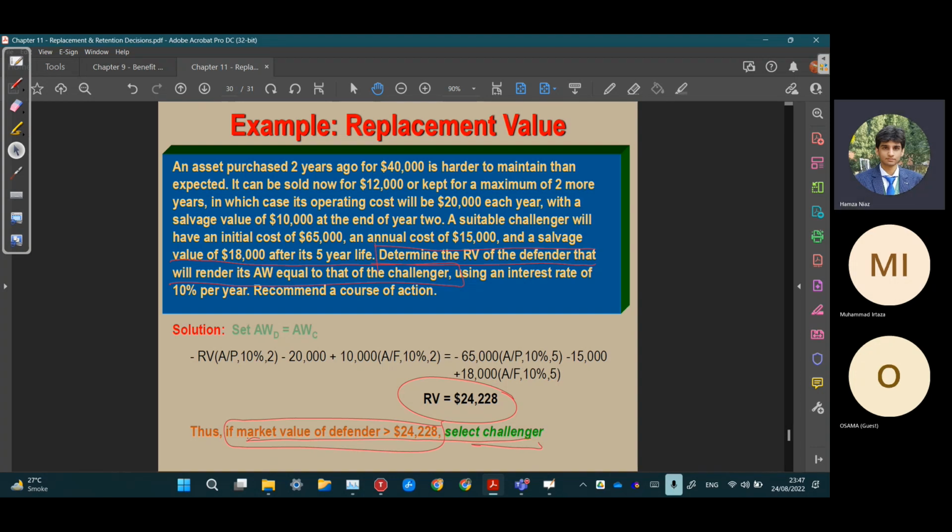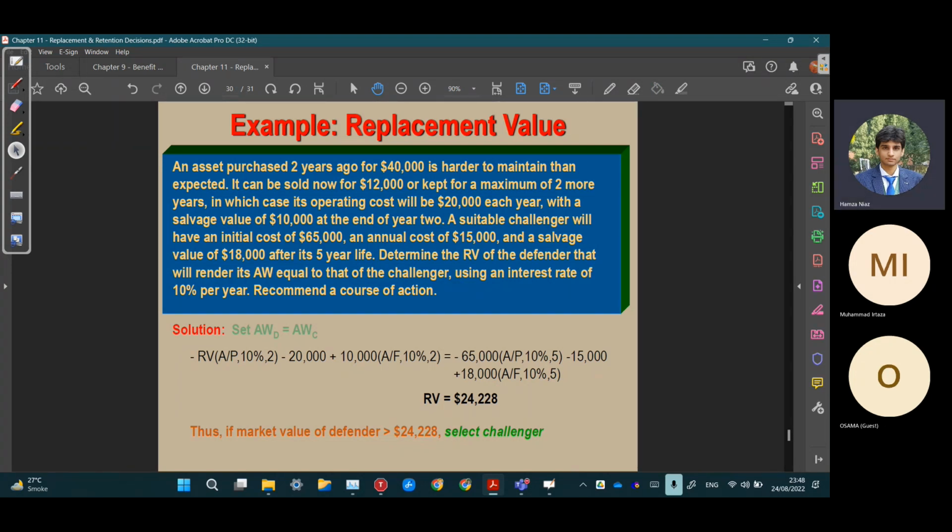If the current market value is something like 3,000, then we go for replacement because we are getting profit now. But if the current market value is 12,000, like given in this question, we are not going to replace the defender because we would get a loss. So this 24,000 is the dividing line between replacing the defender or not.